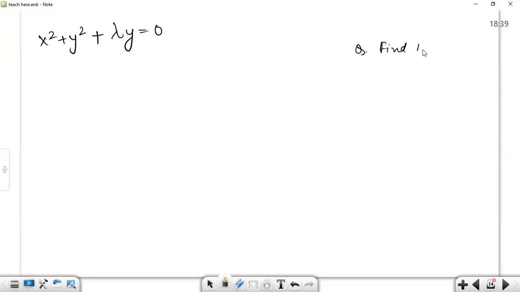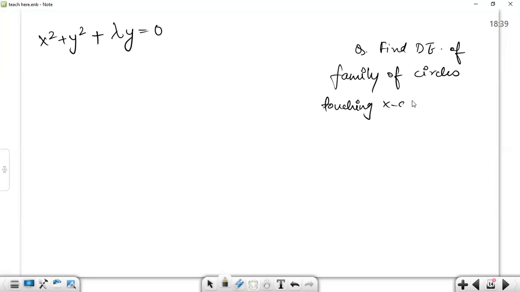Find the differential equation of the family of circles touching the x-axis at the origin. So this is our question.